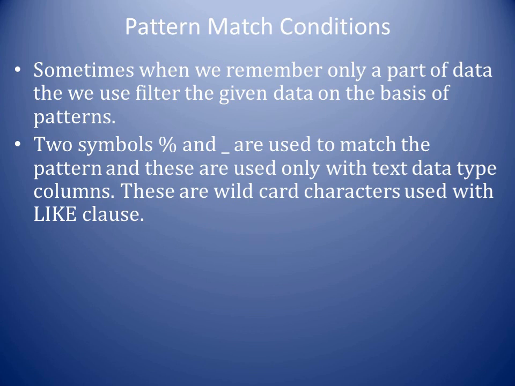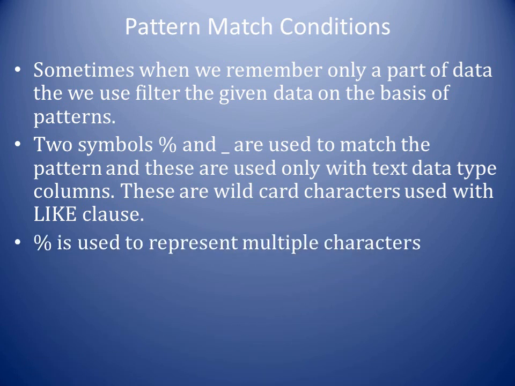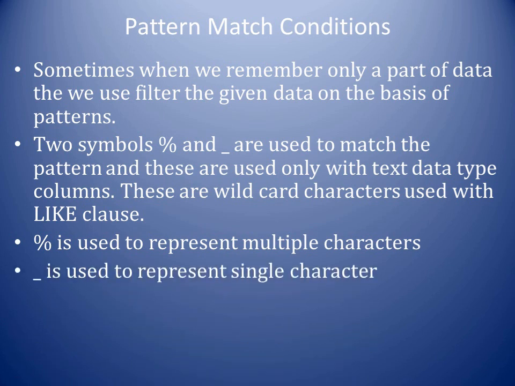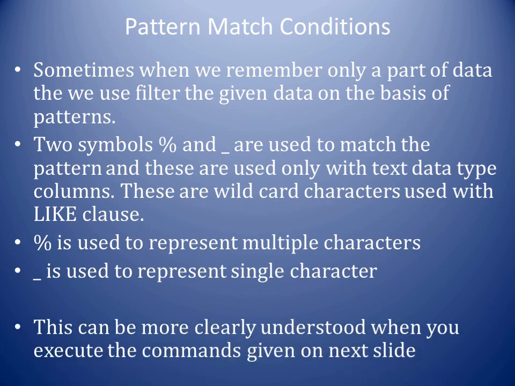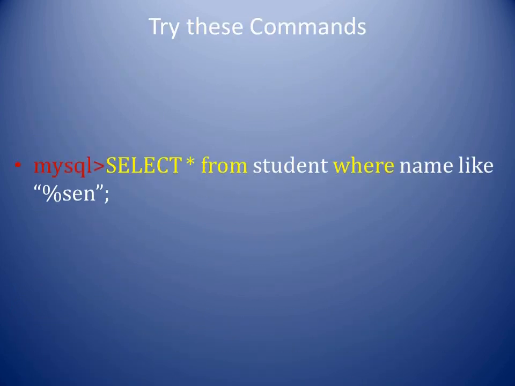Two wildcard characters, percentage and underscore, are used for this. Both these are used with like clause. Percentage represents multiple characters. Underscore represents single character. Let's discuss the same with commands on next slide.